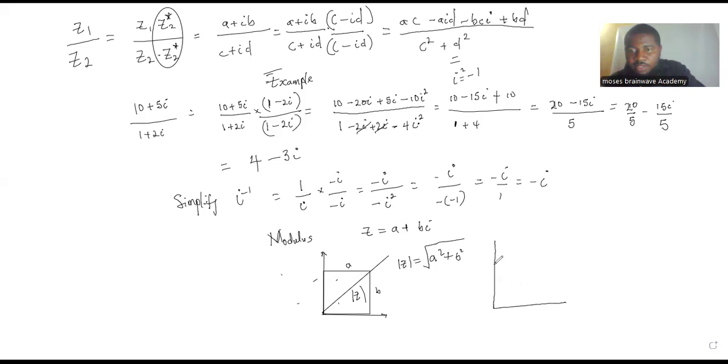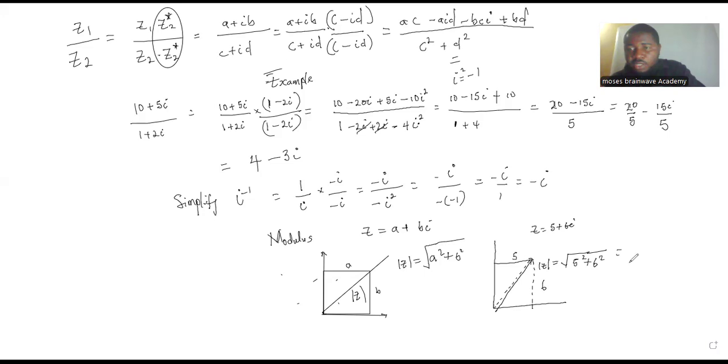So for instance, let me sketch this. I have here to be 5. I have from here downward to be 6, right? So this point over here should be what? Should be Z, which if my Z is of this form, 5 plus 6i, then the modulus here is just very simple, which is just the square root of 5 squared plus 6 squared.